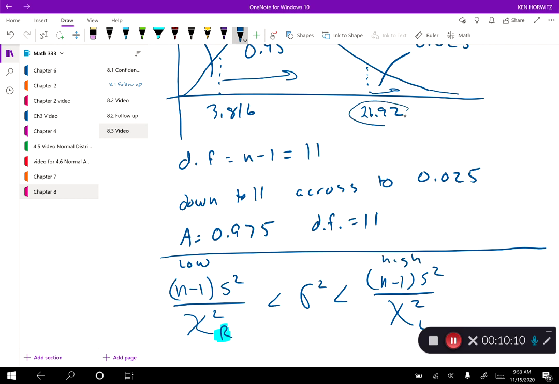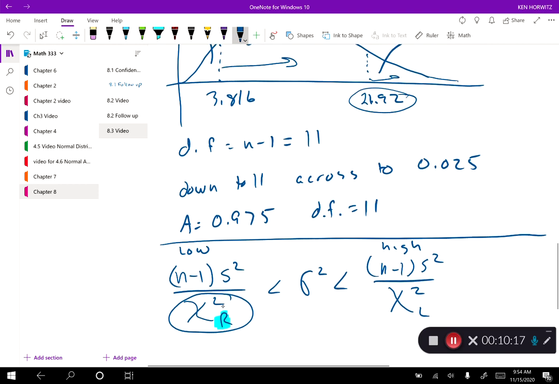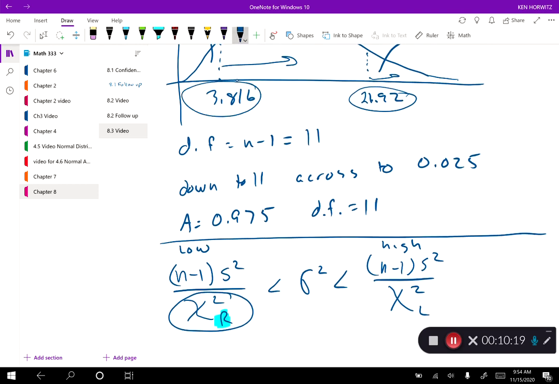If I put this value into this denominator, I'm going to get a smaller number than putting this value in this denominator, which will make a higher number. So a little bit of logic to it. It is something to keep in mind. It is one way that people make mistakes. So your chi-square right goes there, your chi-square left goes in the other spot.